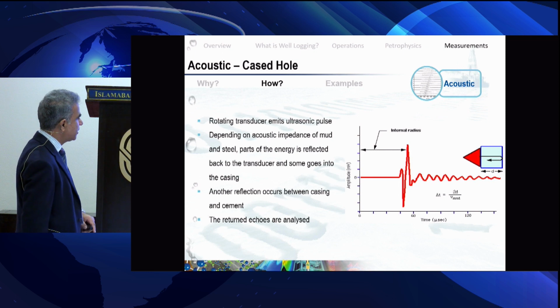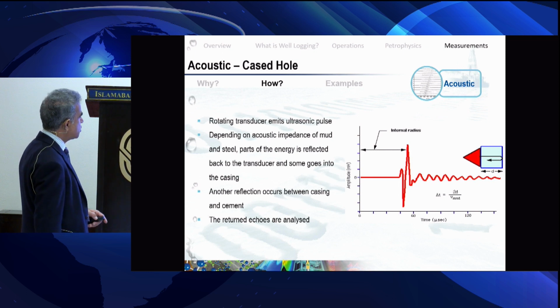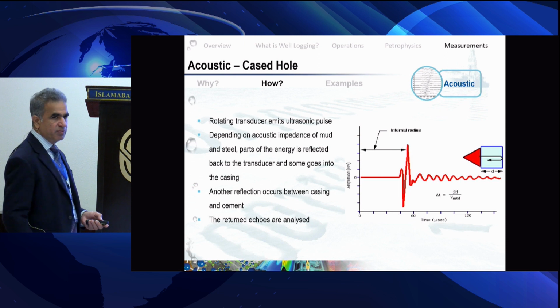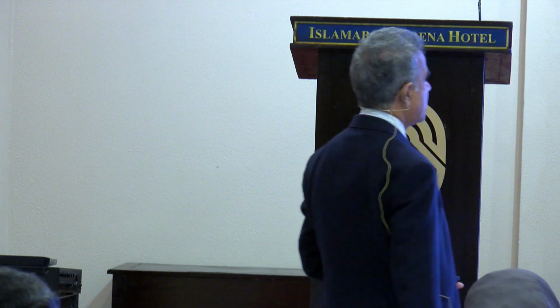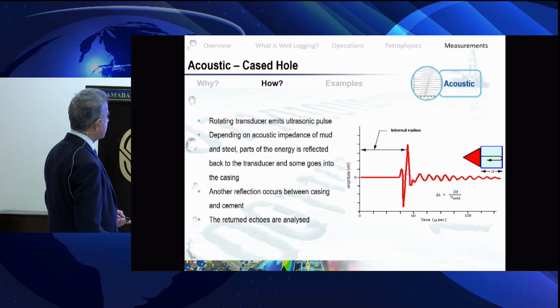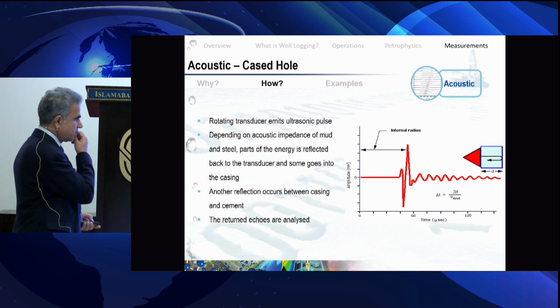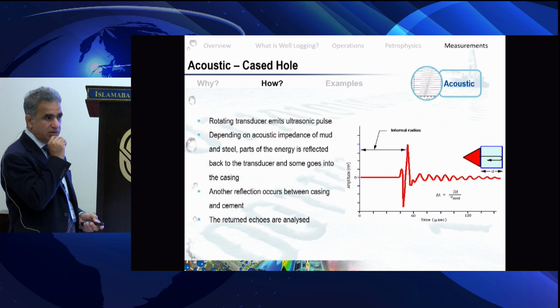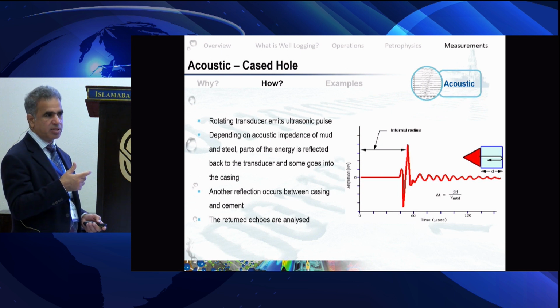Based on these acoustic waves, it gives us the information about that. Looking at their times, you can find the early arrival, and how strong or weak the reflection is, because if the pipe is free, you will have a sound wave coming right away back to the receiver, telling you that the pipe is almost free.